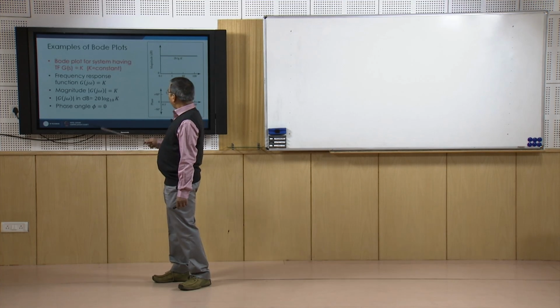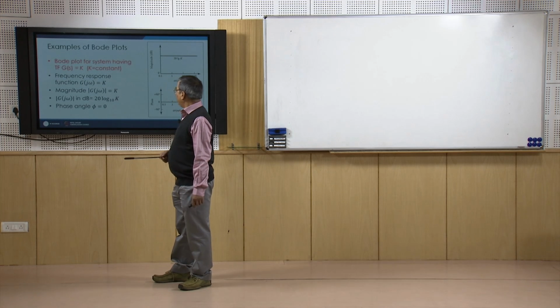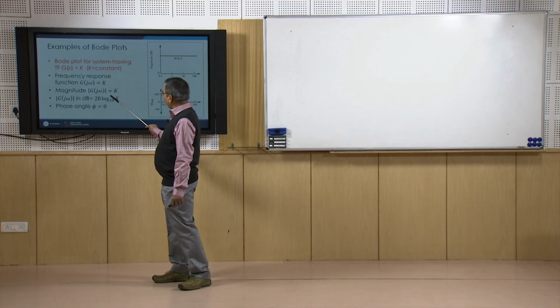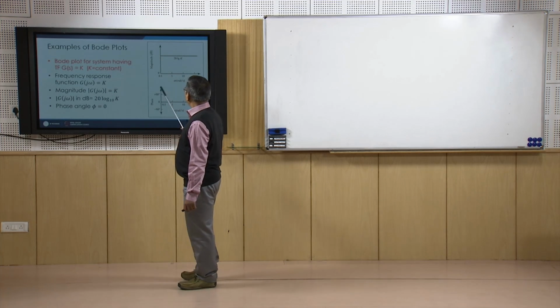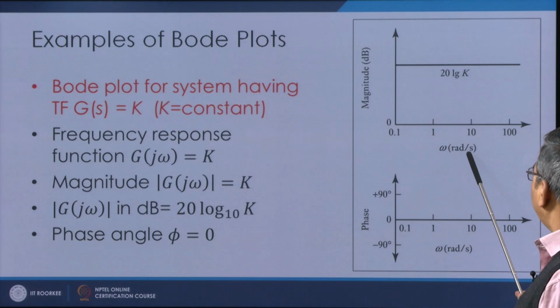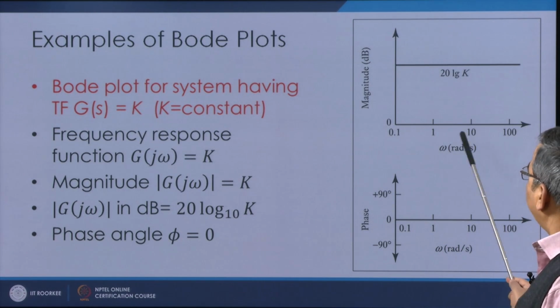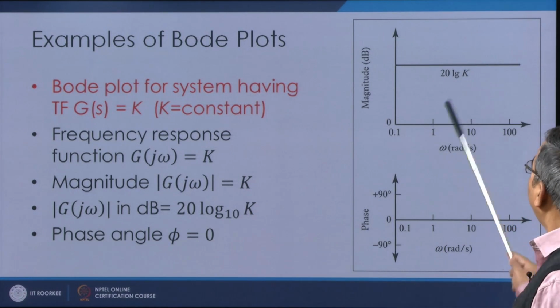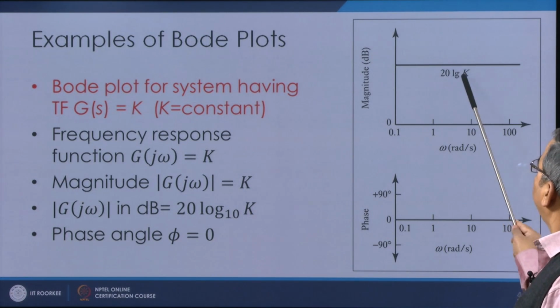If we see the variation of the magnitude and phase angle with angular frequency, you can see the magnitude variation with omega, and this is what we are plotting, that is 20 log K, on base 10.